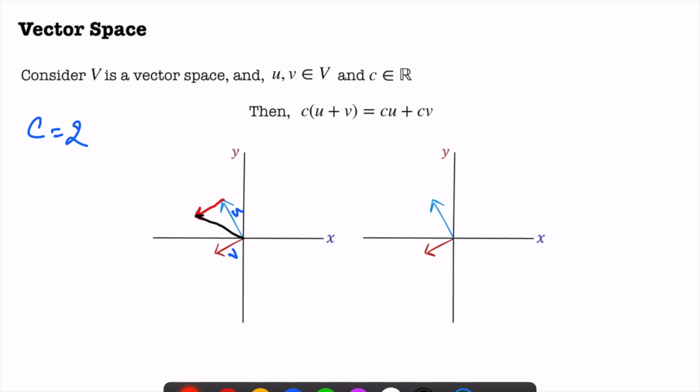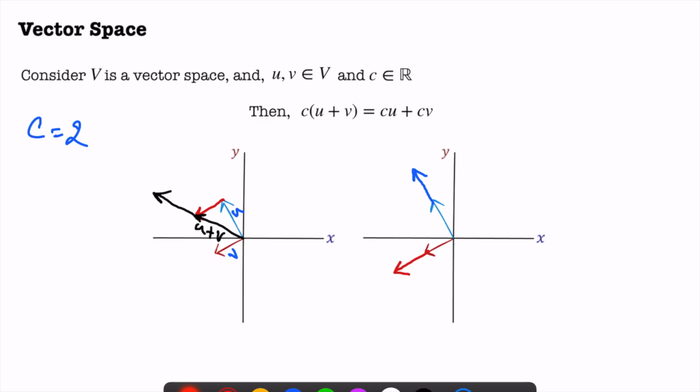So this is u plus v, and then we are stretching it 2 times. On the right side, we are stretching both the vectors 2 times. This is like this and this also like this. Then after that we are adding these two vectors.